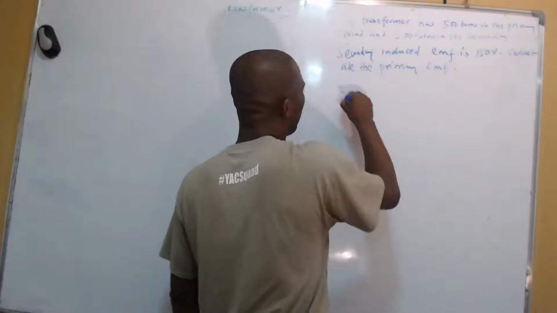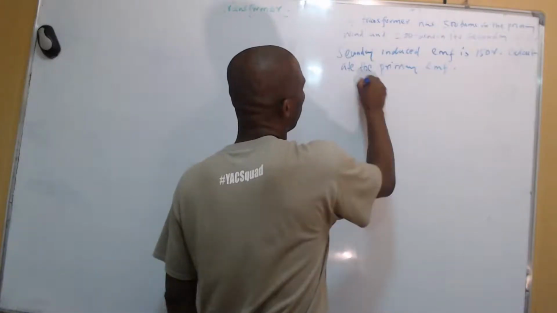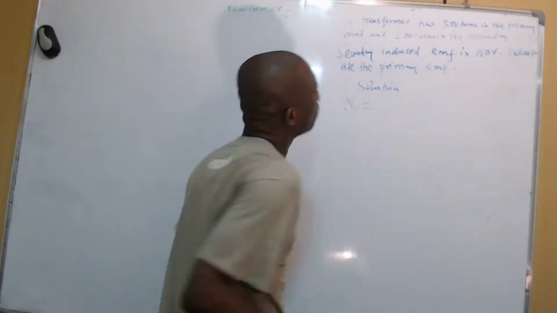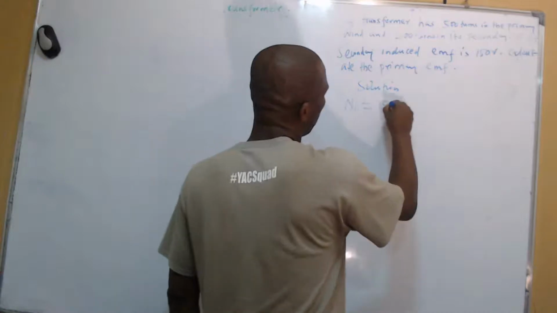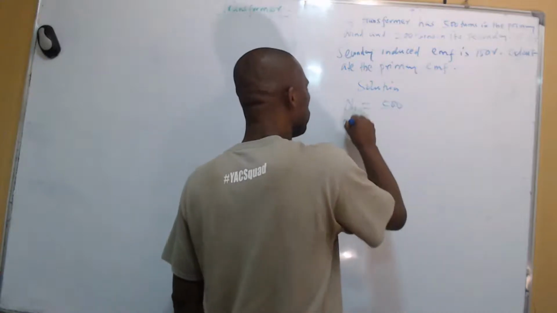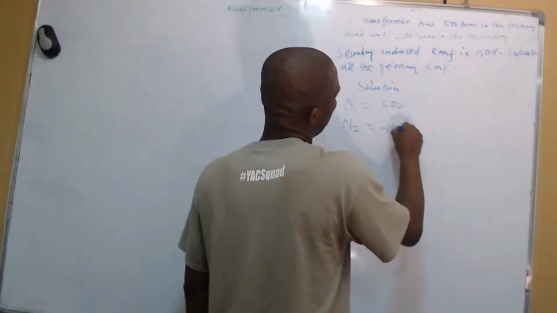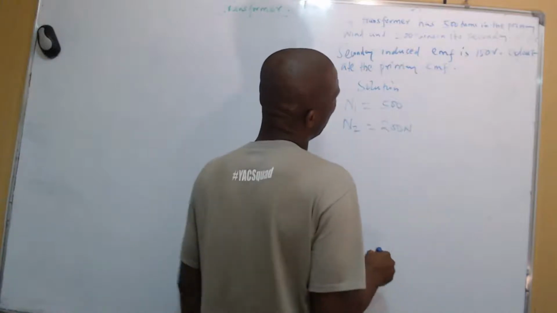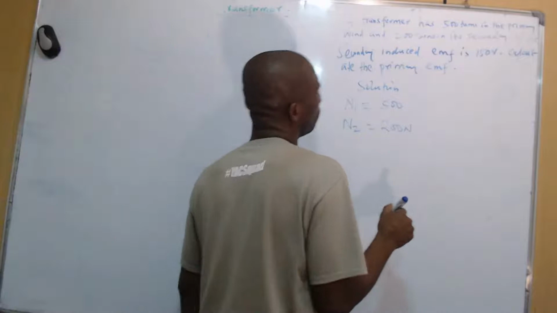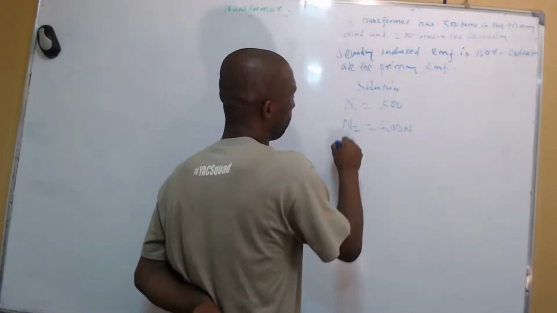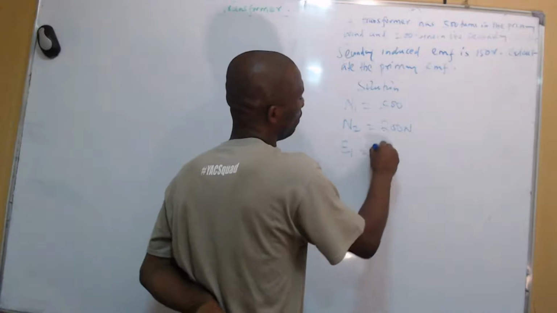Now, from the transformer equation, we have the solution. N1, the primary turns, is 500. N2, the secondary turns, is 200. The primary voltage or primary EMF is what we are looking for.